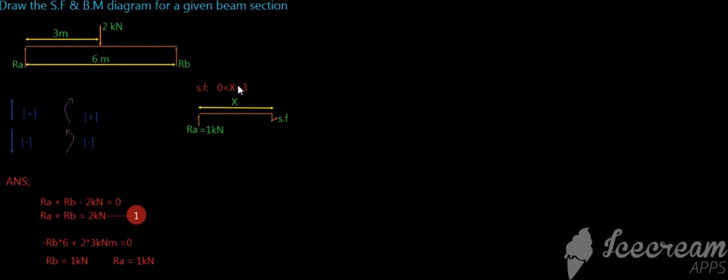According to the sign convention, I can write upward forces minus downward forces is equal to 0. So using this expression I can calculate the shear force for this range.